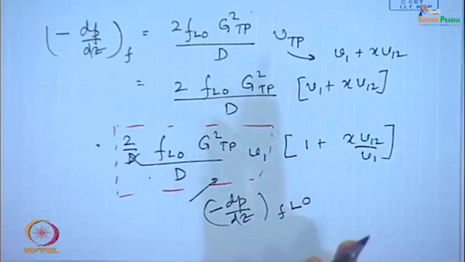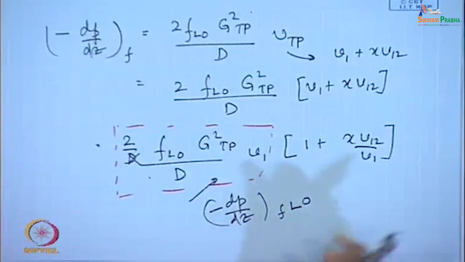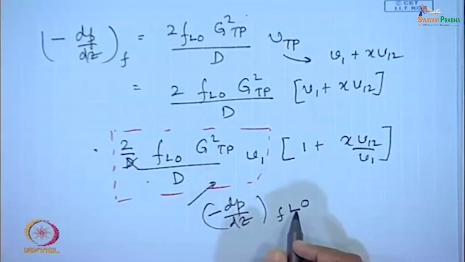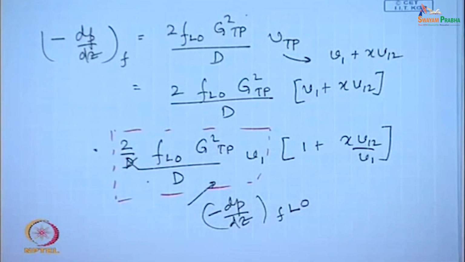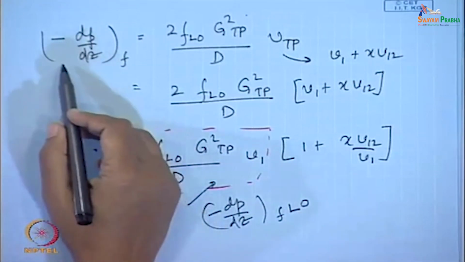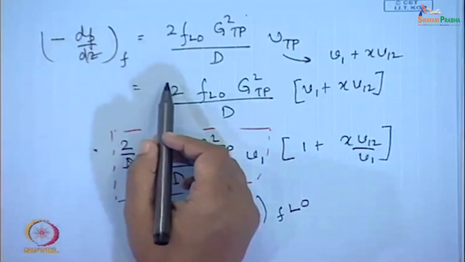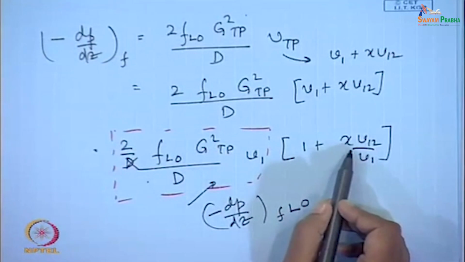Now, just try to understand one particular thing. In this particular case, it does not conform to the limiting conditions. What are the limiting conditions that we know? The limiting condition is that the frictional pressure gradient must reduce to the gas only pressure gradient when x equals 1, is it not?